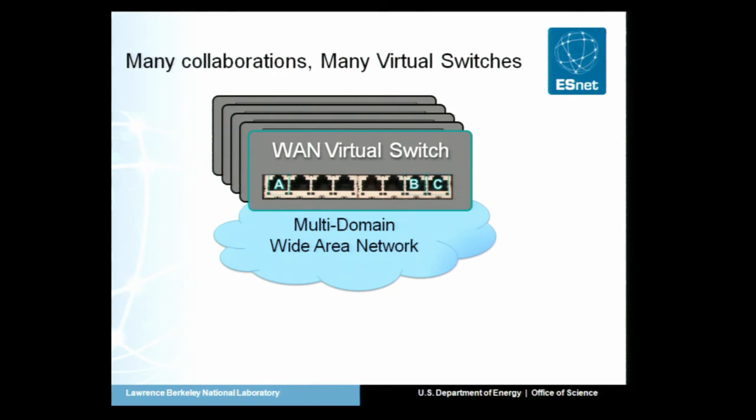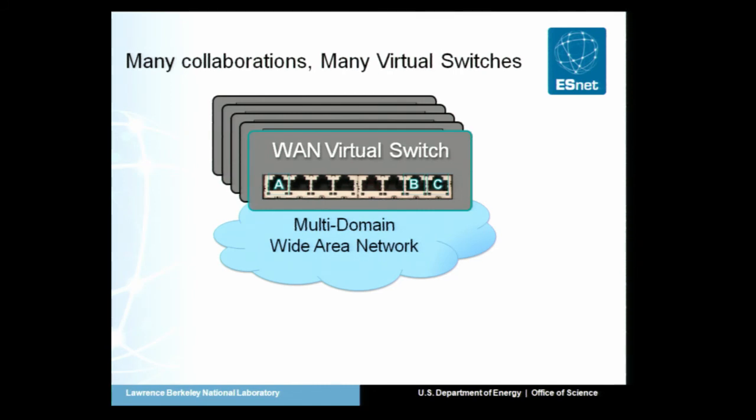Now you might be thinking, hey, one WAN virtual switch for the whole wide area network and all the people? No, that's not true. It is not that you need to create a virtual switch with millions of ports. It is meant for collaboration, so you can have different instances of the WAN virtual switch depending on which collaborations want to talk to each other.